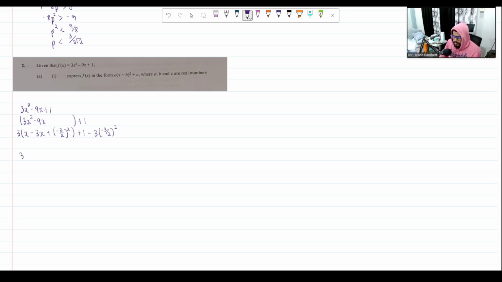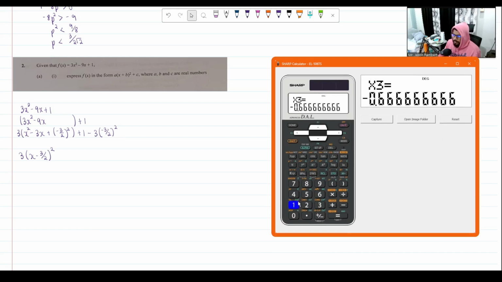This is now going to be 3 into x take away 3 over 2 squared. Jumping on my calculator to work out the outside piece: 1 take away 3 into minus 3 over 2 squared, equals minus 23 over 4.